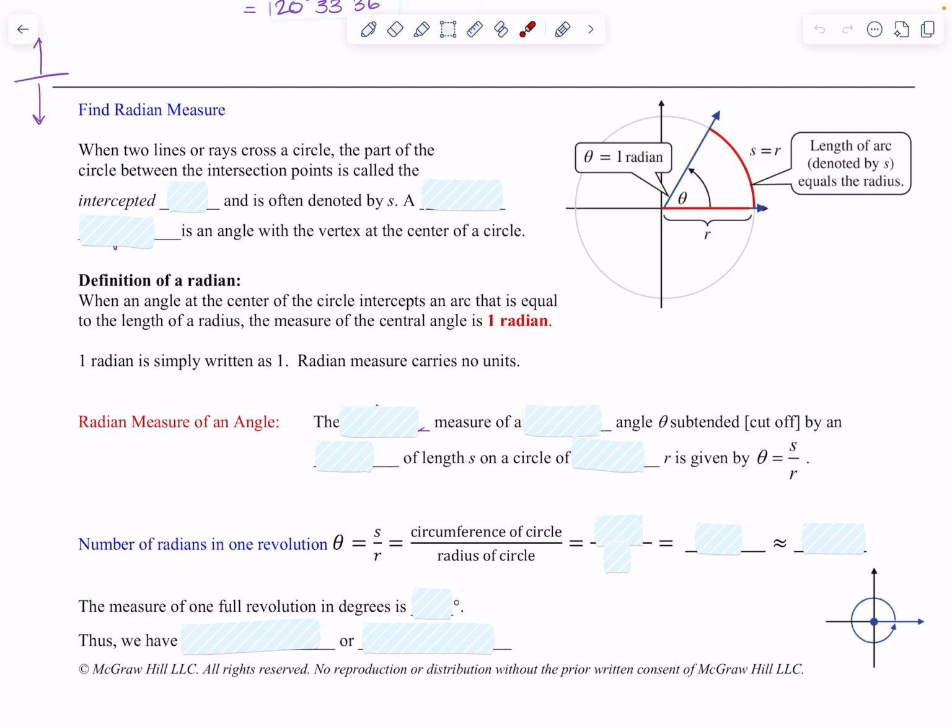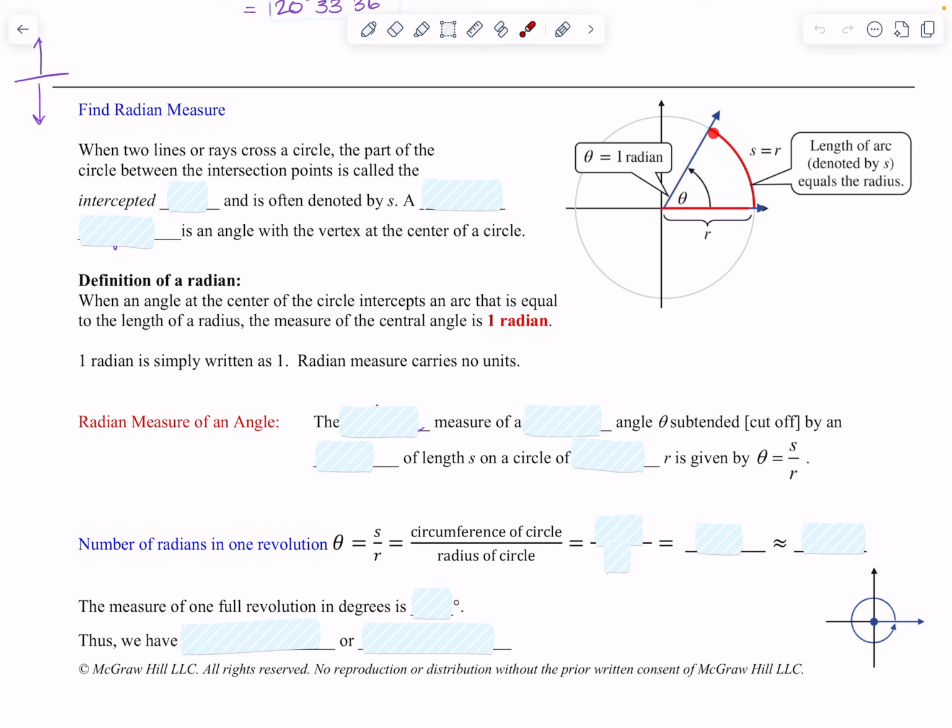All right, so in finding radian measure, I want to point your attention to the graphic that we have here to the right. Notice that we have an angle in standard position where we have our initial side on the positive x-axis. We're rotating. Our terminal side here is this particular ray.